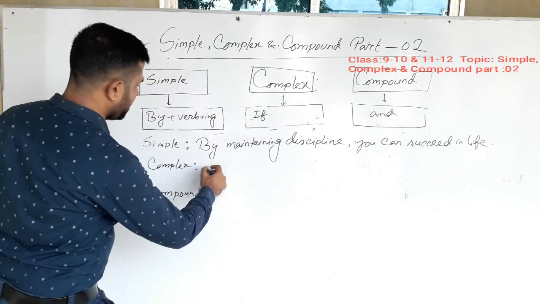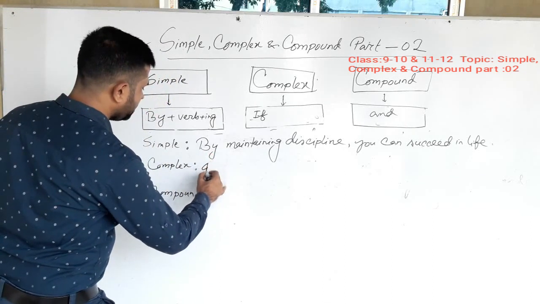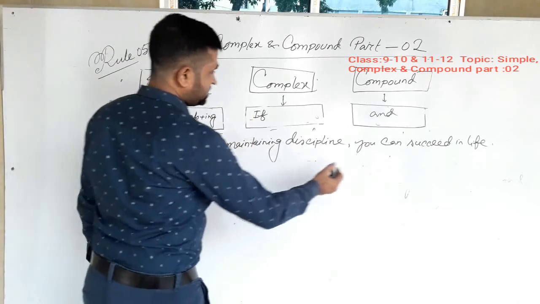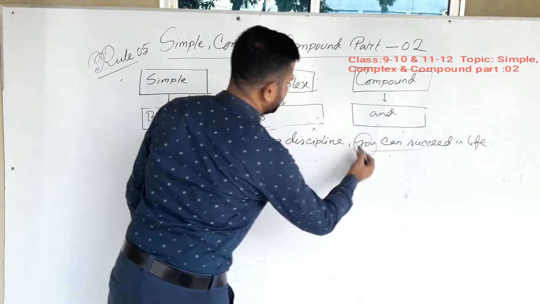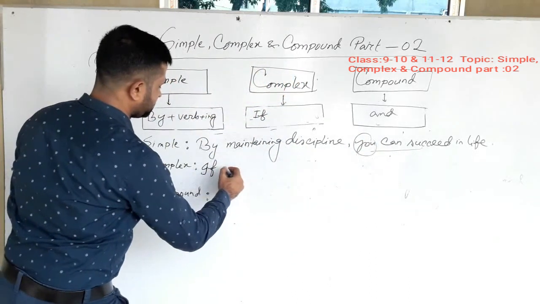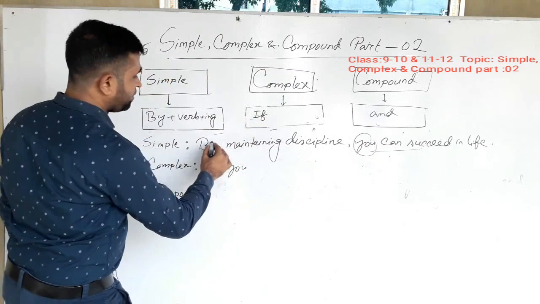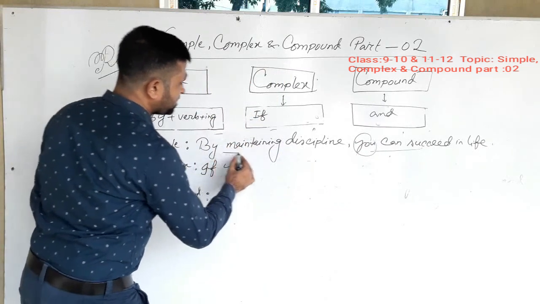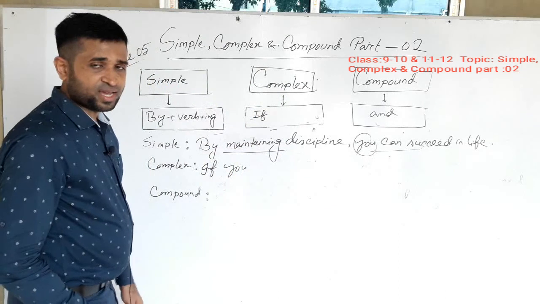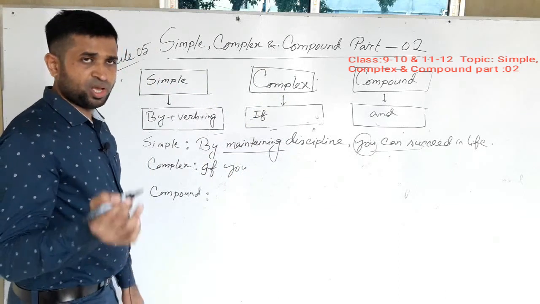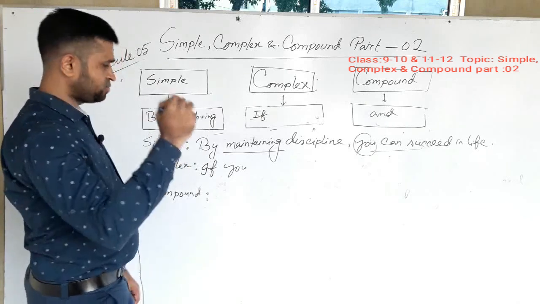Instead of "by" we can use "if". Dear students, this is the principal clause, this is the subject, and that is why we should take a subject. If you, we know that after "by" we must use verb plus ing, but now we can't use verb plus ing, we should use only the main verb of the sentence.